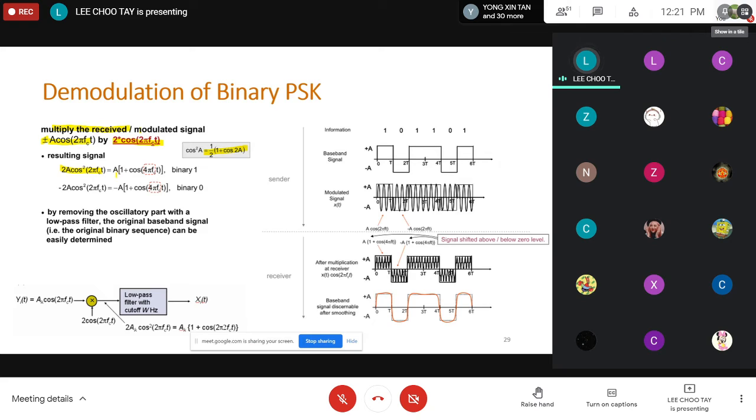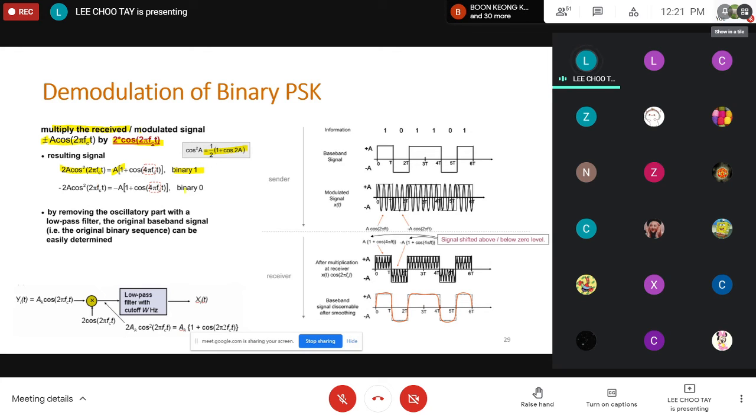Then you have A of 1 plus cosine 4 pi FCT, if the incoming signal is a binary 1. So you're going to have an output with the DC value A, plus a high frequency cosine component, which is at 2FC.